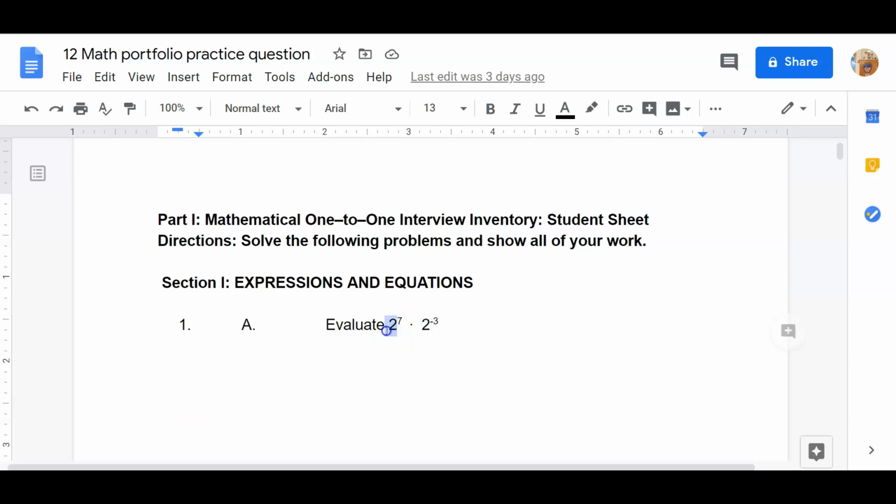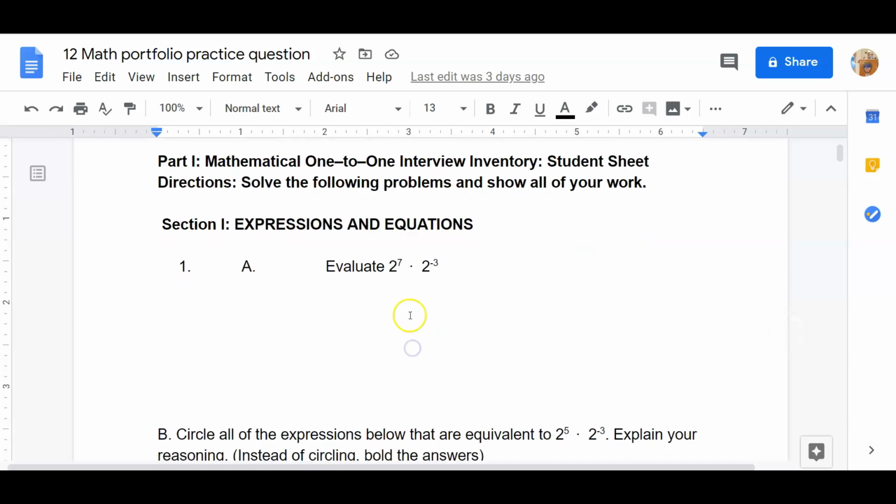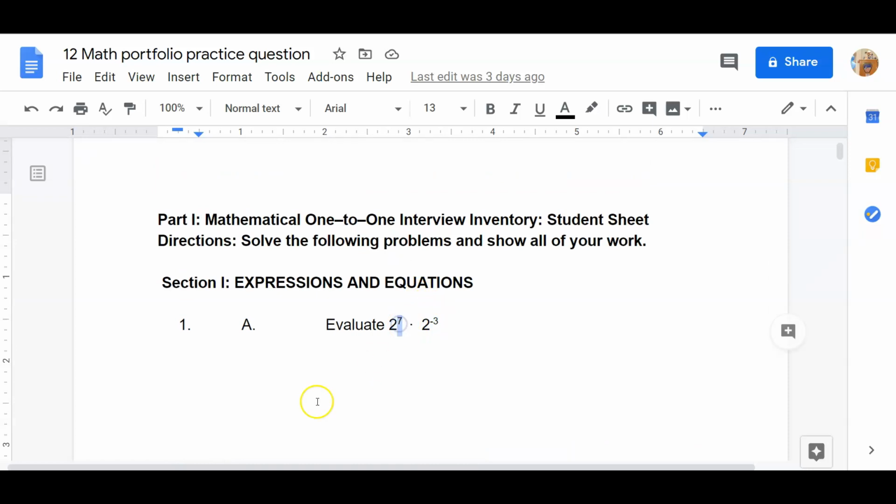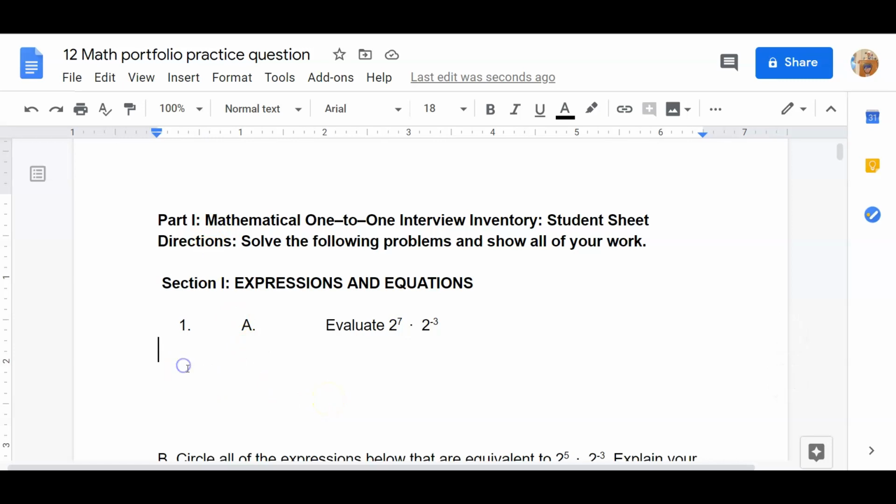So when they have the same bases and they're multiplying, you have to take the exponents, these little numbers, and you need to add them. So what that looks like is, we take our base and rewrite it.